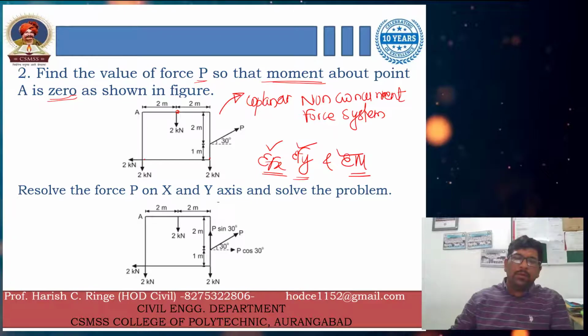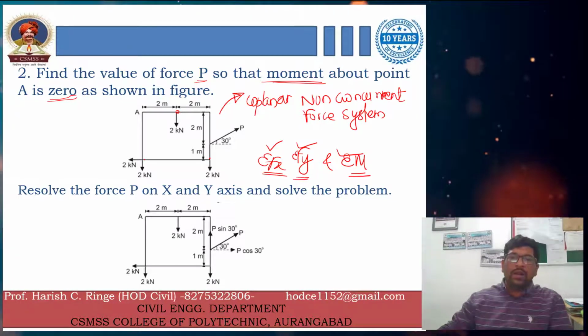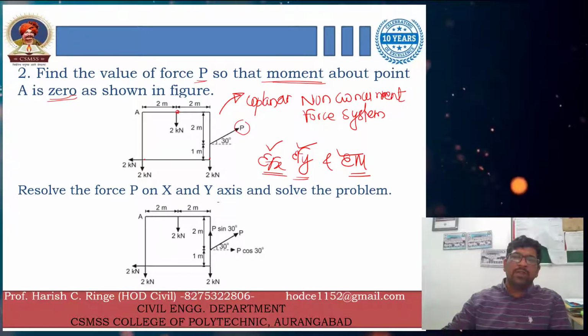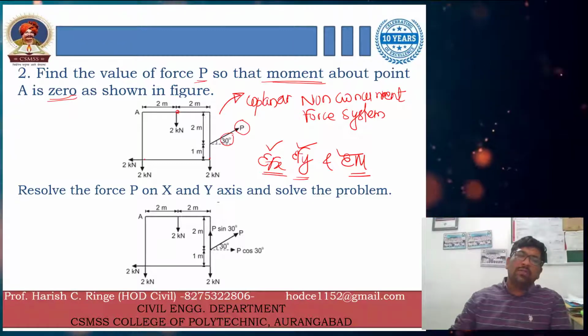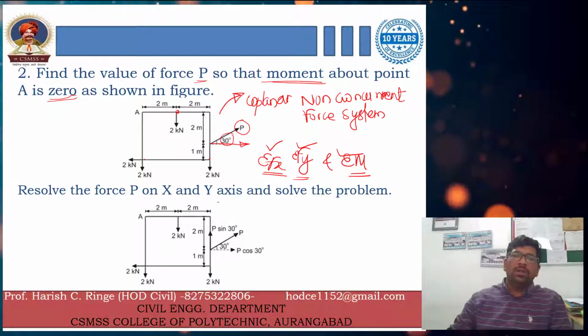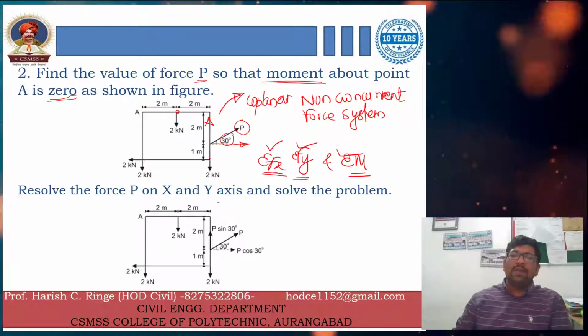यहाँ पर अगर हम लोग देखेंगे तो हम लोग क्या करेंगे, सबसे पहले इसको resolve कर लेंगे. जो P force है, यहाँ पर हमने देखा था कि हमारे पास P force दिया हुआ है और inclination भी दिया हुआ है 30 degree. So what we have to do is just resolve this force in horizontal and vertical direction, because we are considering Fx and Fy, right?